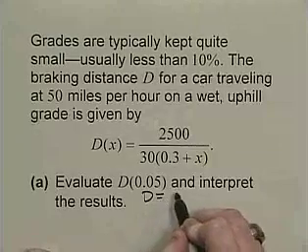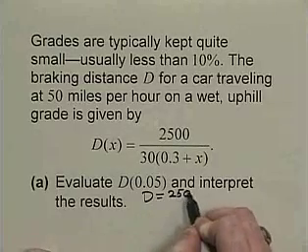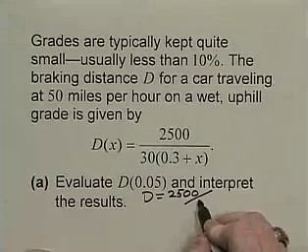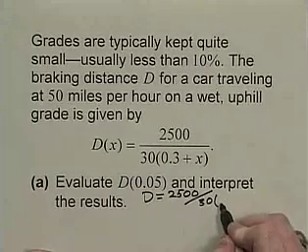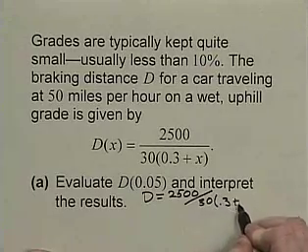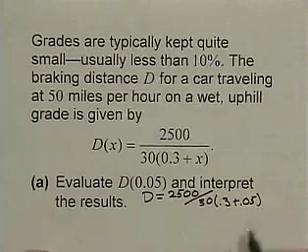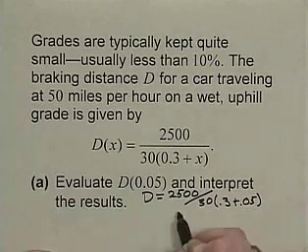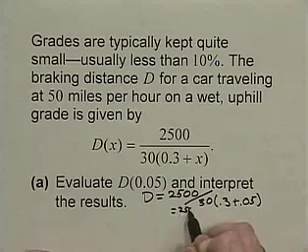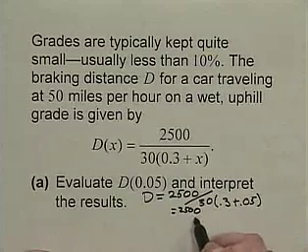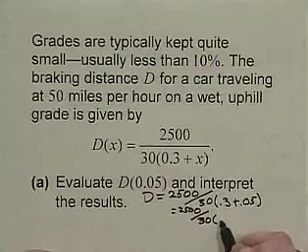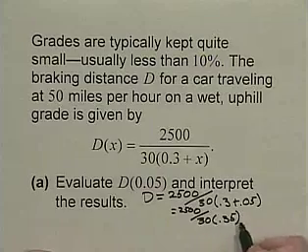Well, what we need to do here is plug in 0.05 for x. So we have d is equal to 2,500 over 30 times 0.3 plus 0.05, or d is equal to 2,500 over 30 times 0.35.